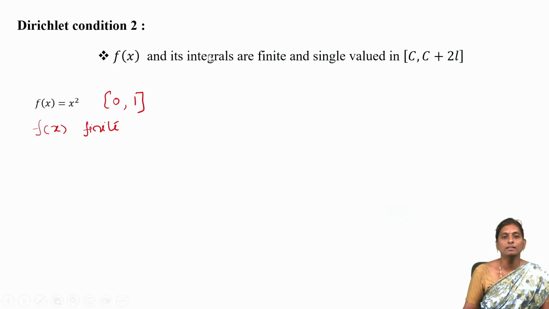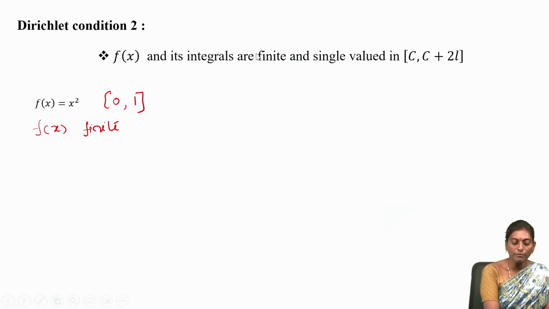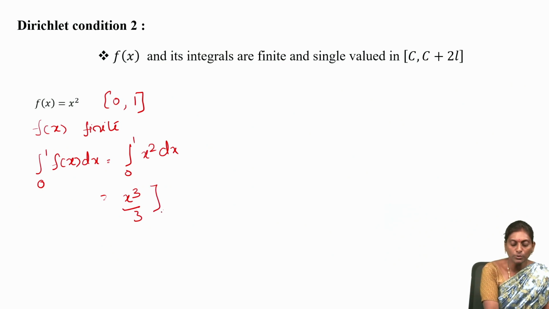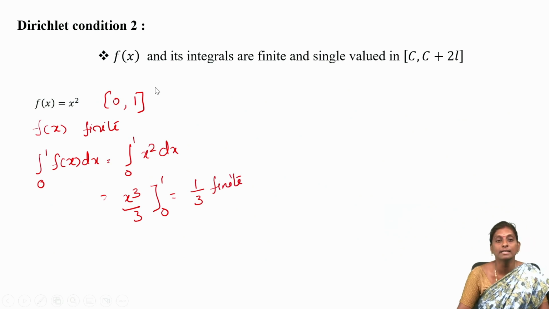In this interval, 0 to 1, the integral value of f of x dx, integral 0 to 1 x square dx, is equal to x cube by 3, from 0 to 1. The upper limit is 1, so 1 by 3 minus 0. The answer is also finite. The integral value is also finite in the interval.